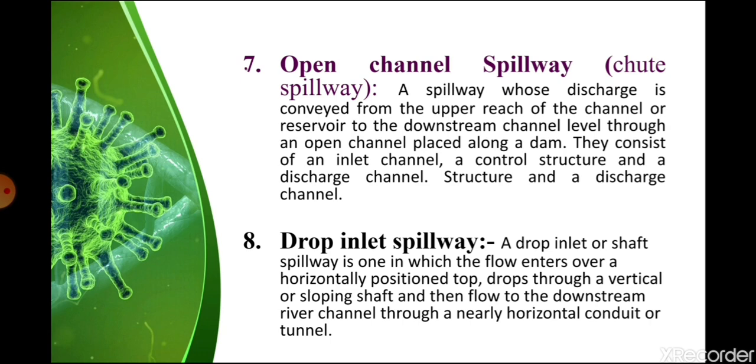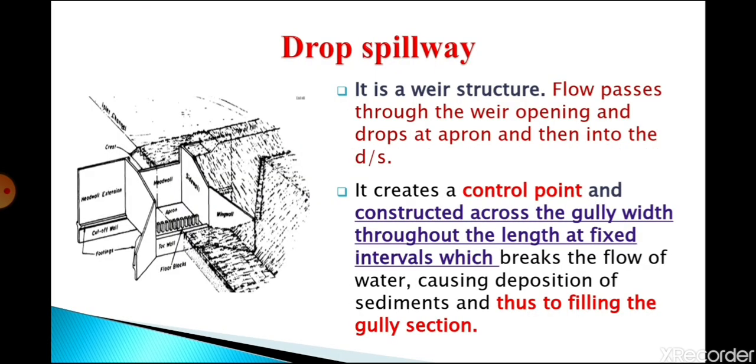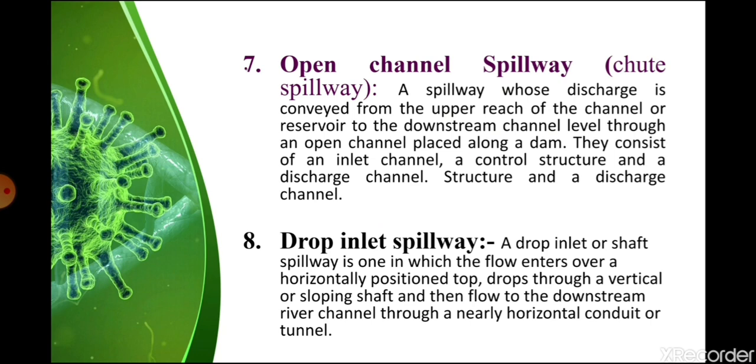A drop inlet is one in which flow enters over a horizontal position and then drops into a vertical section or vertical pipe, and then goes to the downstream area through a conduit or kind of tunnel. So that's called the drop spillway.